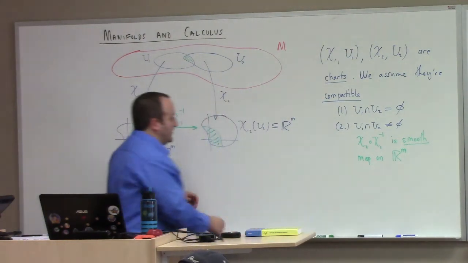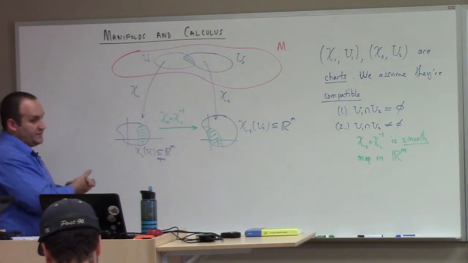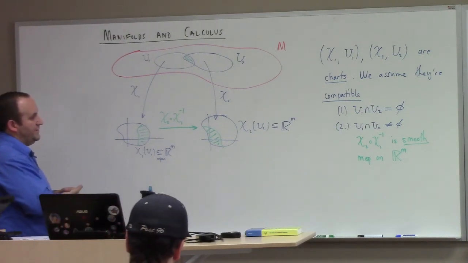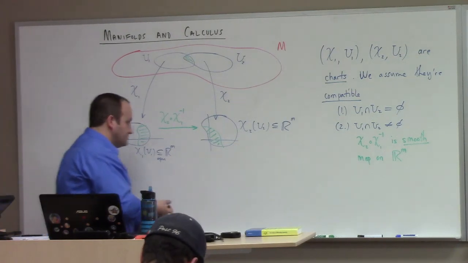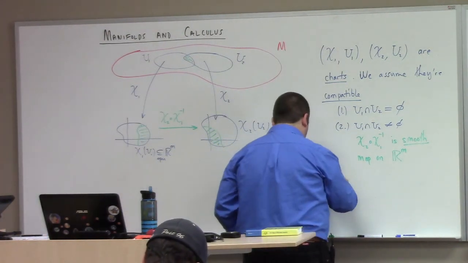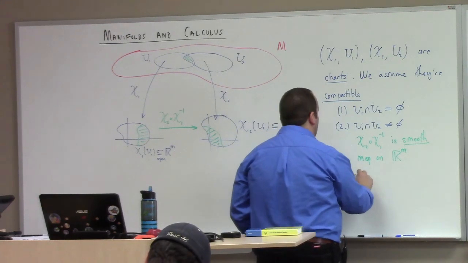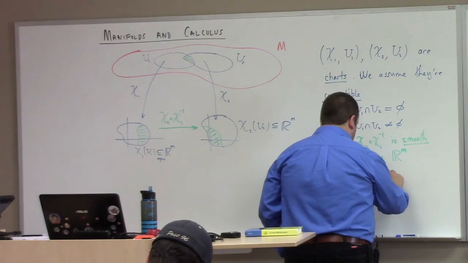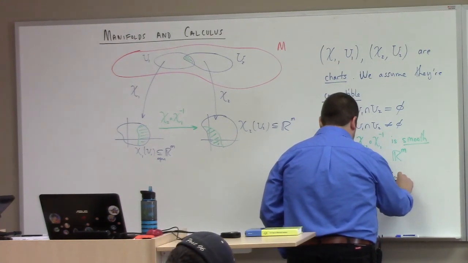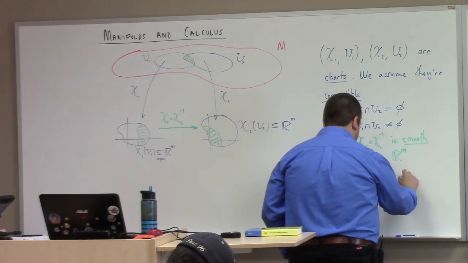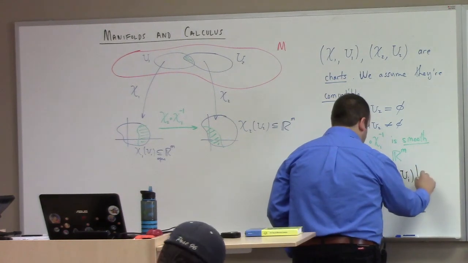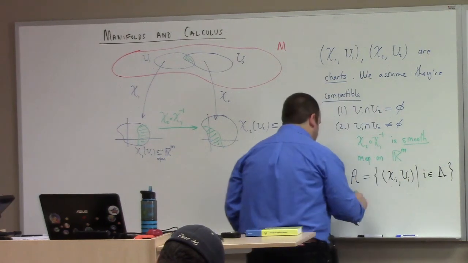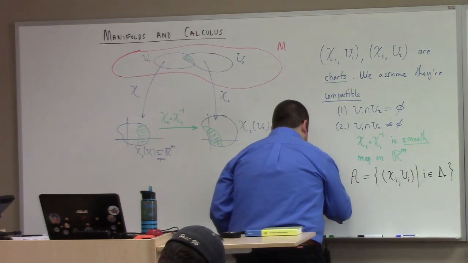Okay, so we have to have compatible charts, and also that they cover. If we look at, say, A, which is, let's say, chi_i, comma U_i, such that i is an element of some index set Lambda, is an atlas.